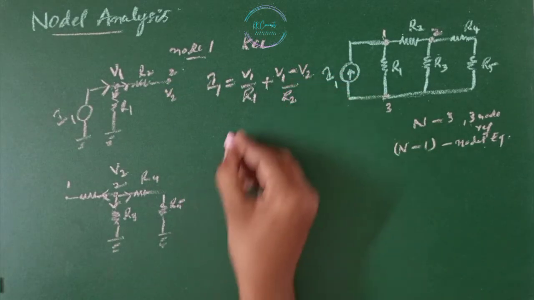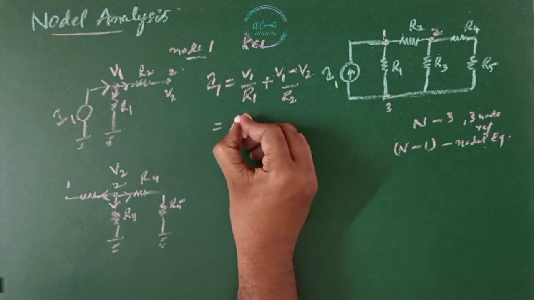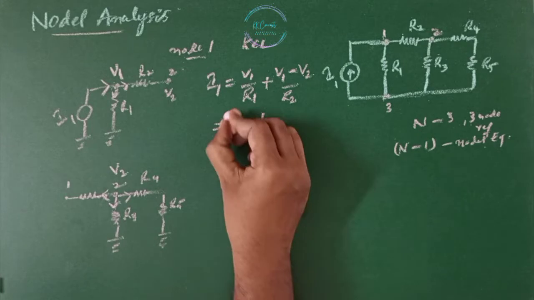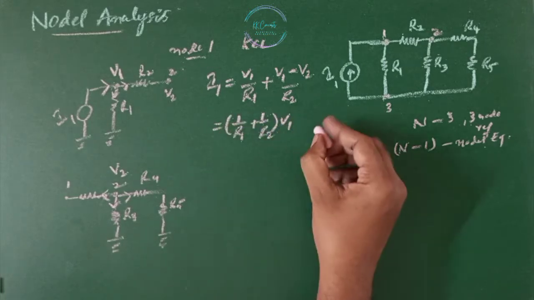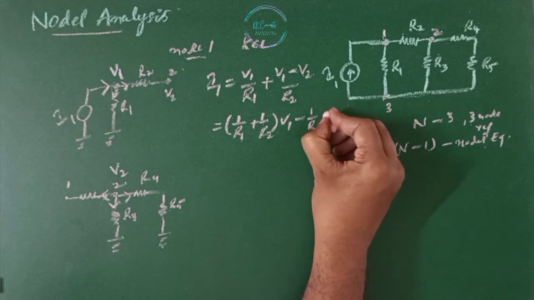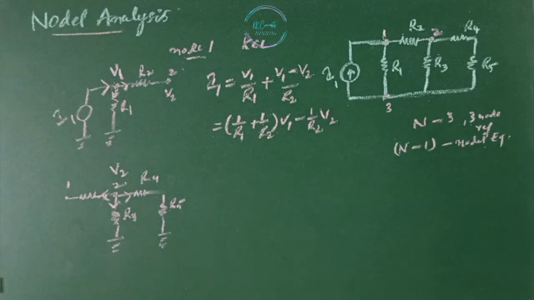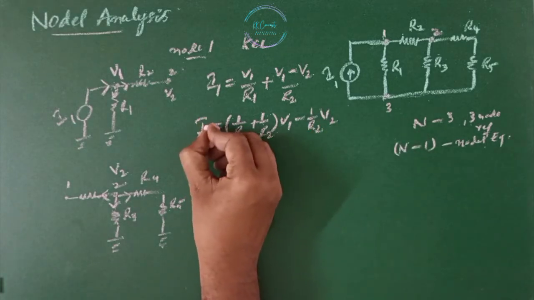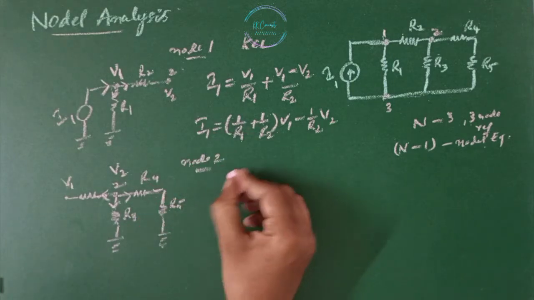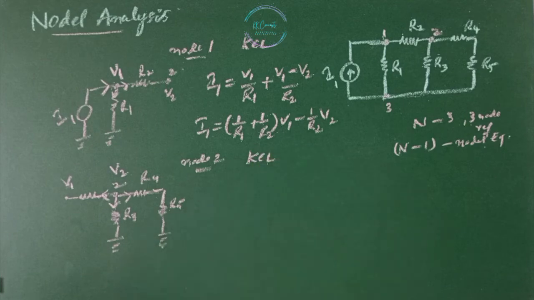Now, if you simplify this, you are going to get (1/R1 + 1/R2) V1 minus (1/R2) V2, which equals I1.